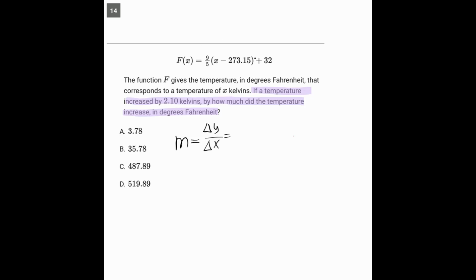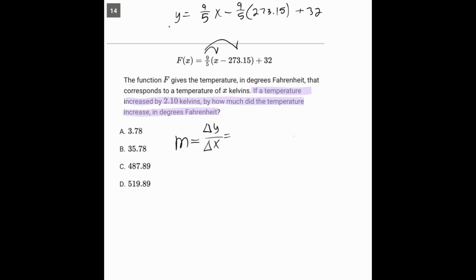Now, before we continue, let's just simplify a little bit. Let's pretend to distribute. And I say pretend because I'm not actually going to do the calculation on it. But you know, f of x is y. So we have y right here equals 9/5 x minus 9/5 times this other number here, and then plus 32 at the end.